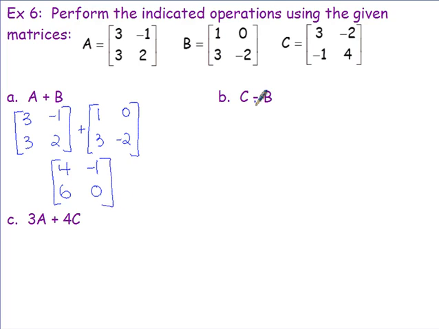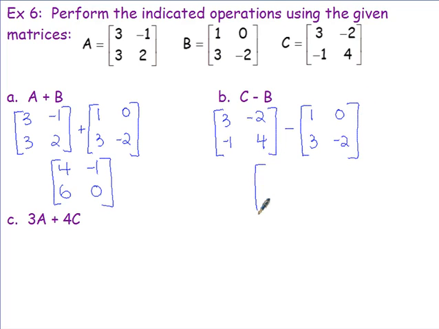This one, make sure you wrote it in the correct order. It is C first. So I'm going to copy down my C matrix, then minus, and then my B matrix. And then hopefully all you had to do was subtract them. 3 minus 1 is 2.